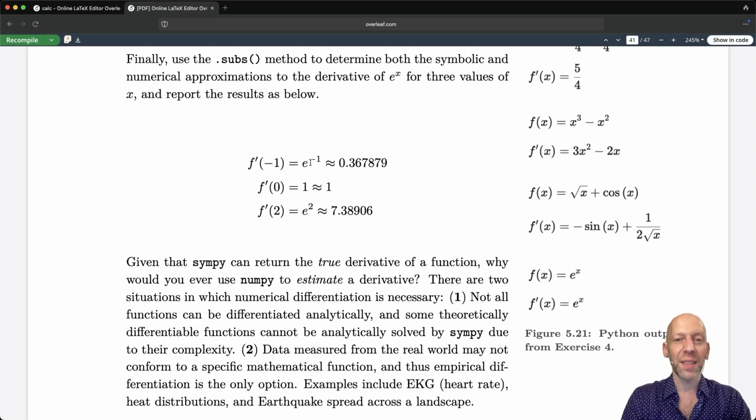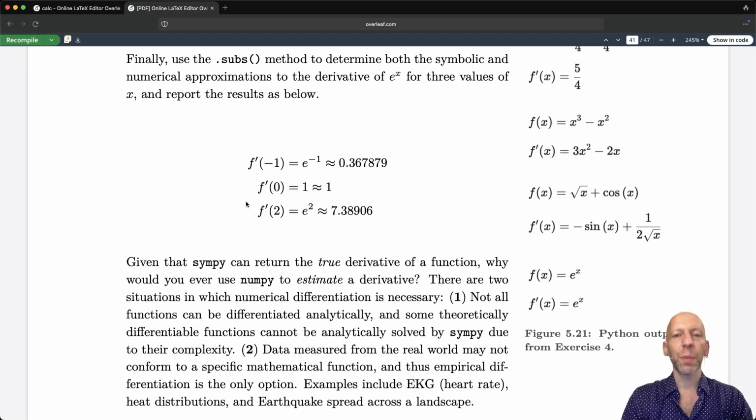And what you see here is that there are two results being shown. There is the symbolic result, and I'm saying that is an exact equality. And then I'm saying it is approximately equal to this number here, which is not the same as e to the -1. This is a numerical approximation. It is e to the -1, just written out to 6 numbers after the decimal point.